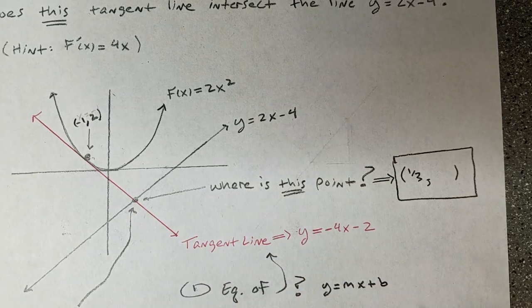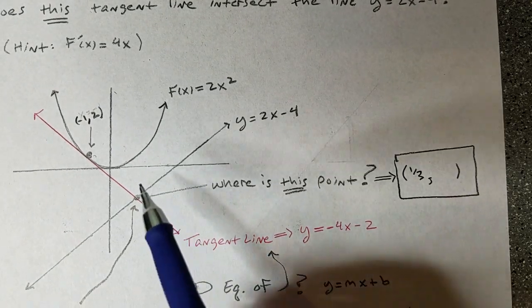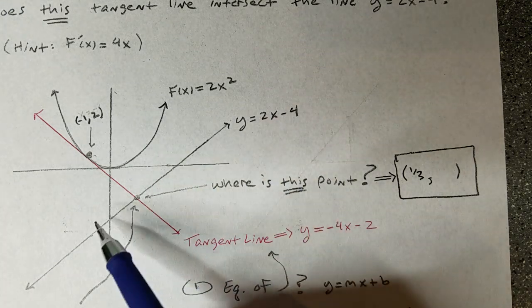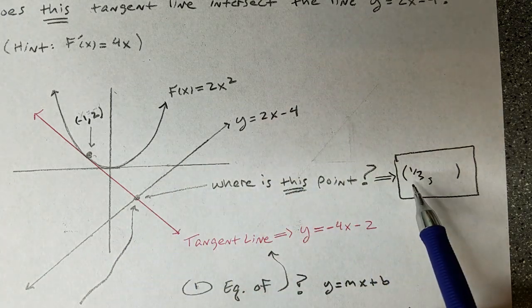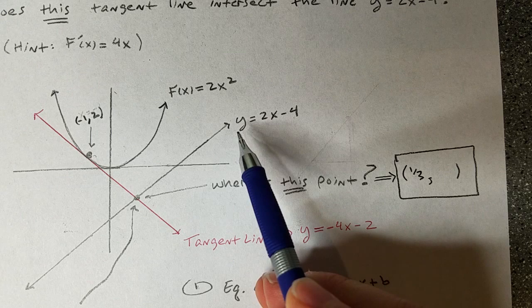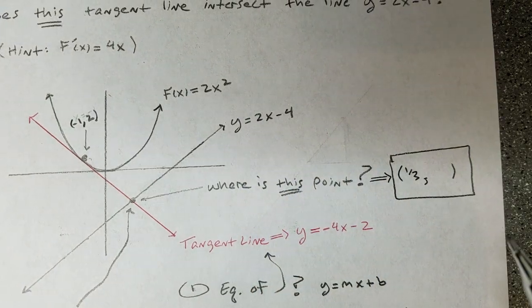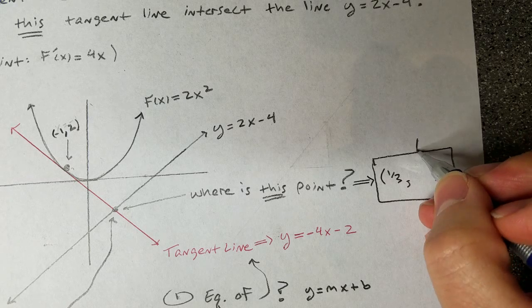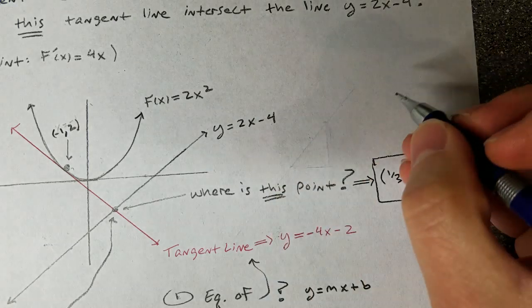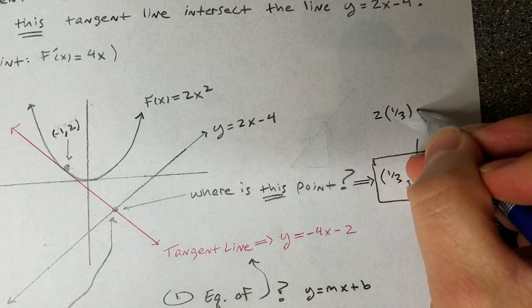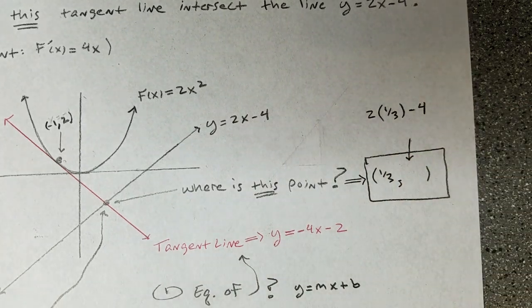What about the y-coordinate? Well, we could figure it out from this, right? You see that line right there? That point's got an x-coordinate of 1/3. What's the y-coordinate? You put the x in, you get the y. So I'll get that y-coordinate by doing 2 times 1/3 minus 4.